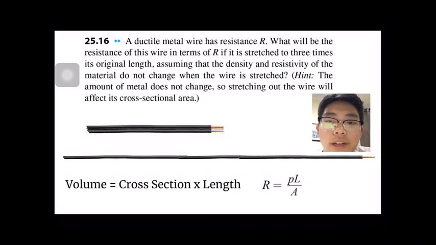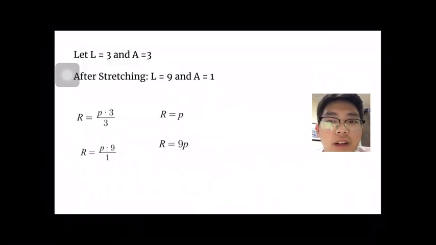Again, as we know, resistance is equal to P times L over A, with P being resistivity, L being the length, and A being the surface area or cross-sectional area. First, let us assume that for the first figure, the one where all 3 are connected to each other, L is equal to 3, representing an arbitrary length of 3, and A, the cross-sectional area, is equal to 3.